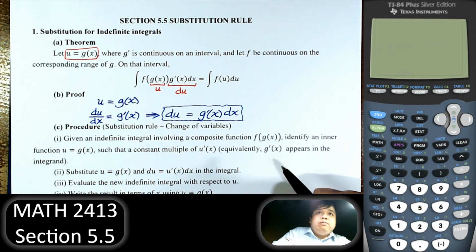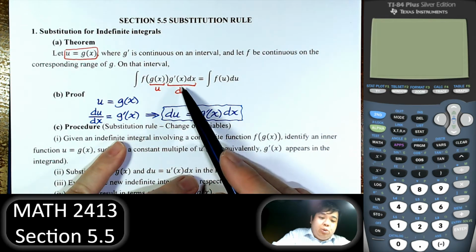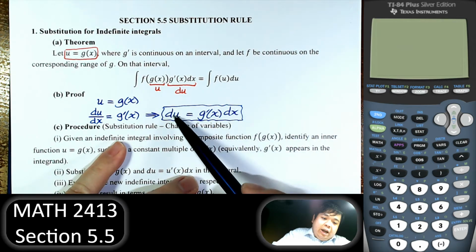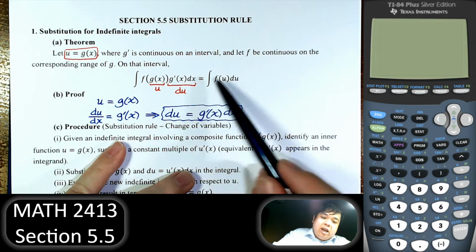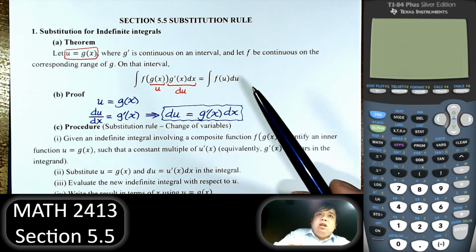So u is inside, and du is equal to g prime of x dx. So that's why we have just f of u, and this is du.